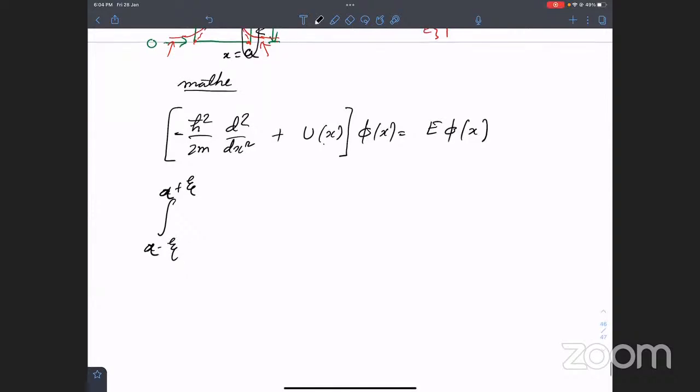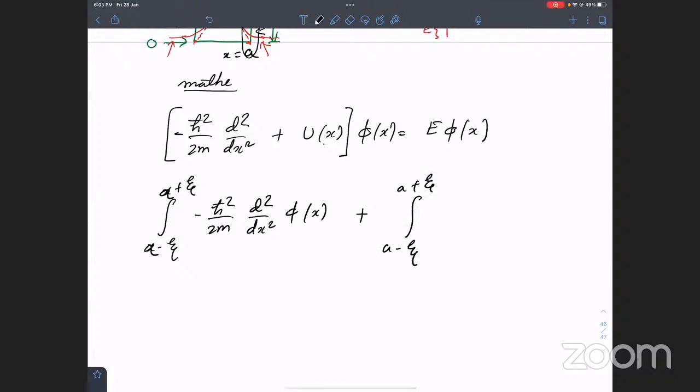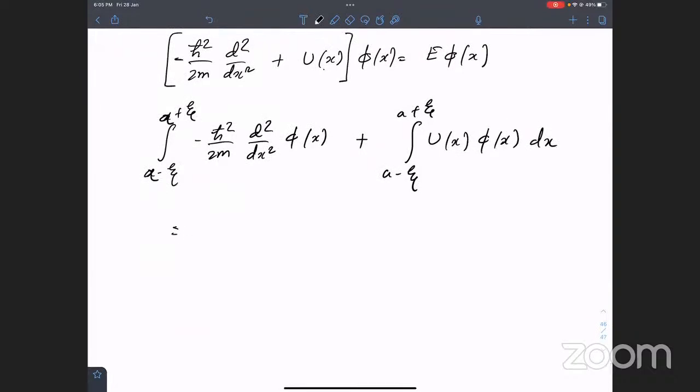Minus h bar squared by 2m, integral from a minus zeta to a plus zeta of d squared phi by dx squared dx, plus integral from a minus zeta to a plus zeta of U of x phi of x dx, equal to E times, because E is a scalar I can pull it out, integral from a minus zeta to a plus zeta of phi of x dx.